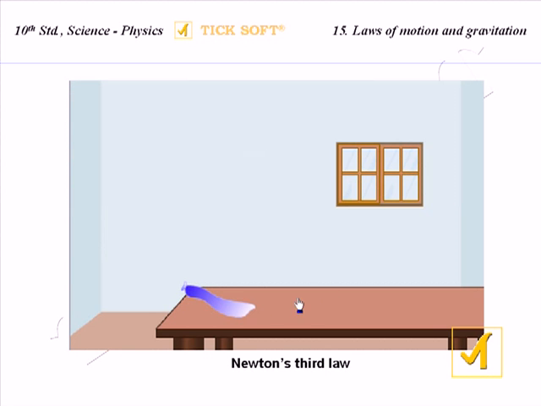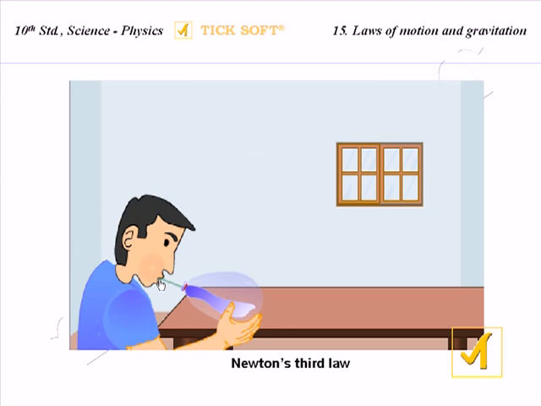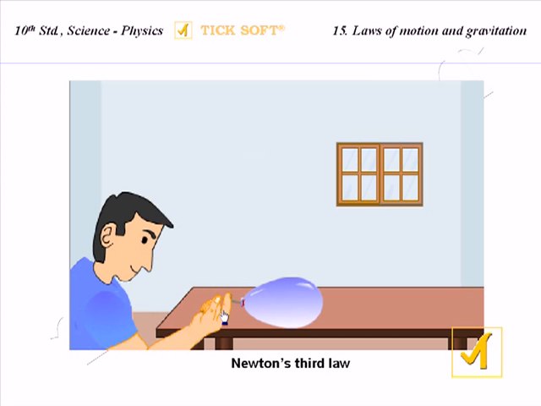Here a rubber balloon without air is attached to a plastic tube. If we blow, the balloon gets air, and when we release the rubber tube, the balloon moves in the opposite direction to the air blowing out.